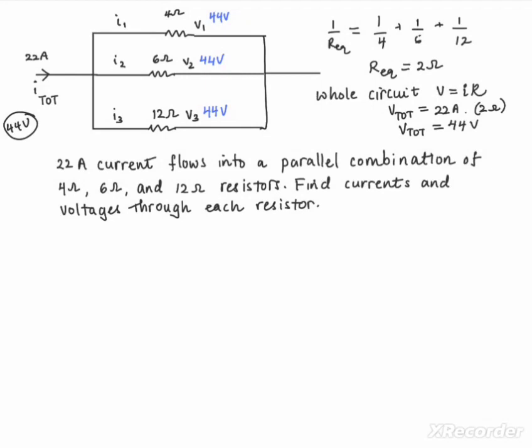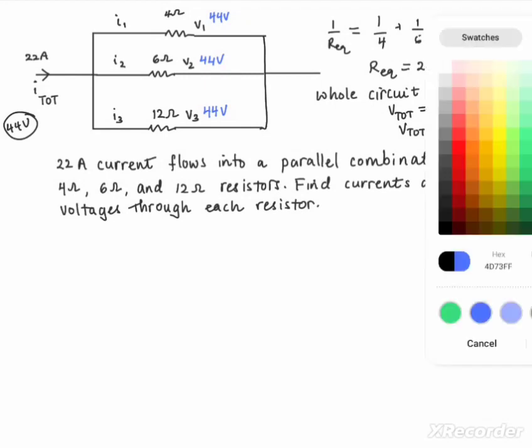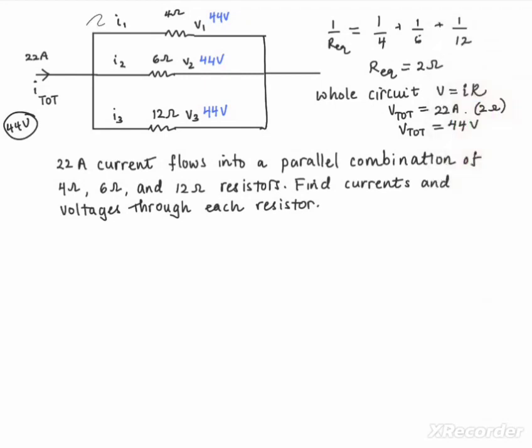Now let's call this top, and then middle and bottom levels. So on the top level we know R1, so this is our R1 value, R2, and R3. If you look at the top level, let's do V equals IR for that.